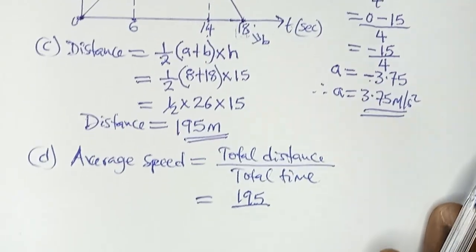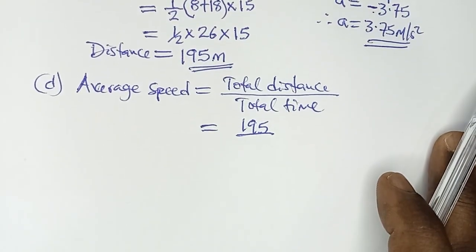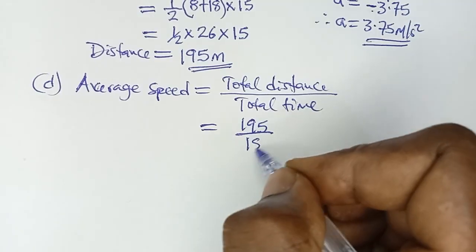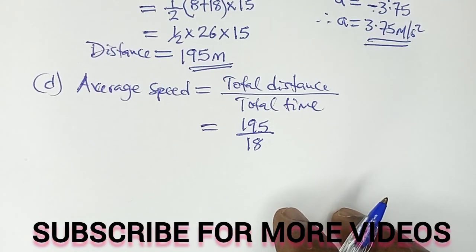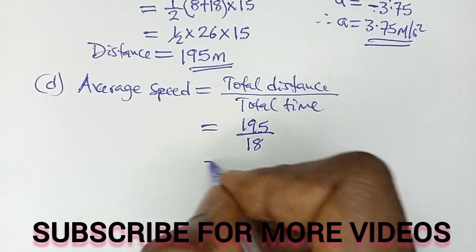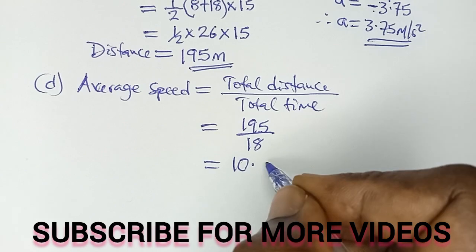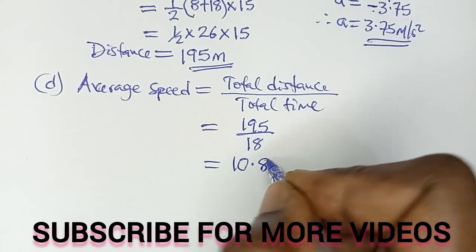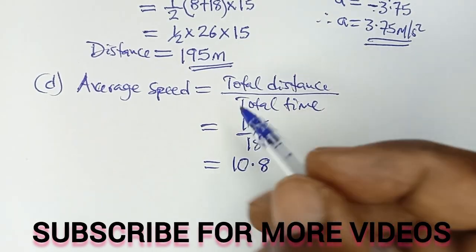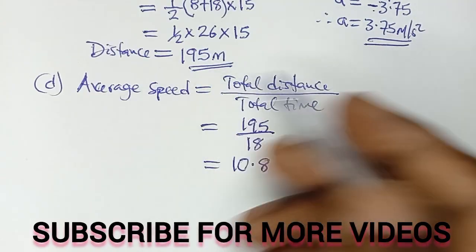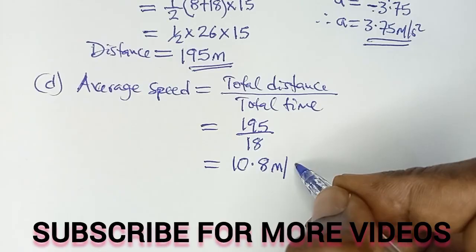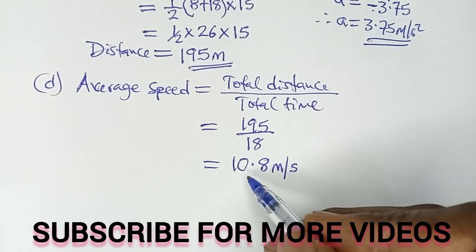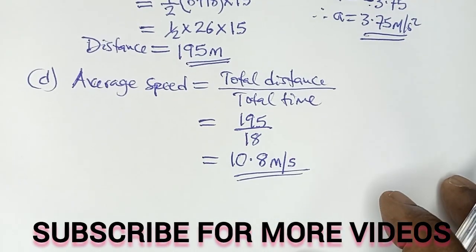So we can now say divided by 18. When we divide 195 by 18, it gives us an average speed of 10.8, we can say 10.83. The unit for average speed is meter per second. And so this is the average speed of the motion.